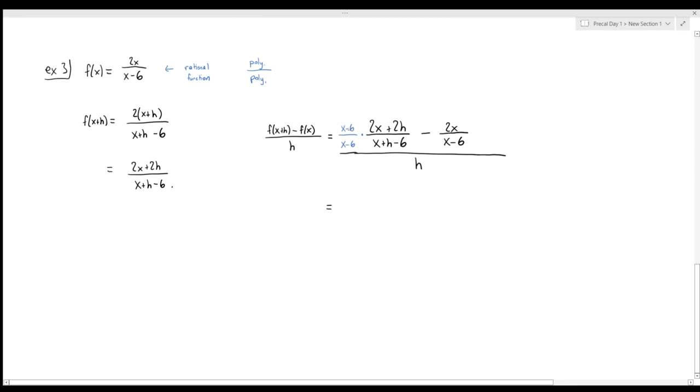That way we pick up an x minus 6 in this denominator. And for this fraction here, we'll multiply the top and the bottom by x plus h minus 6. Then both of the fractions will have the same denominator, x minus 6 times x plus h minus 6.